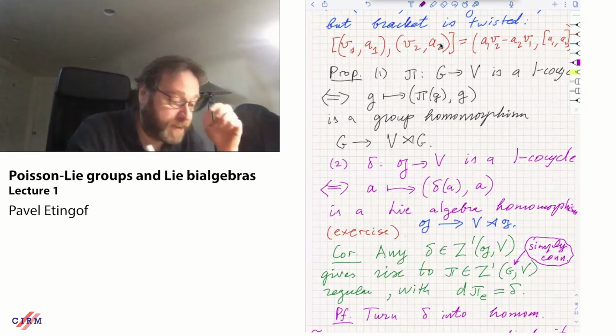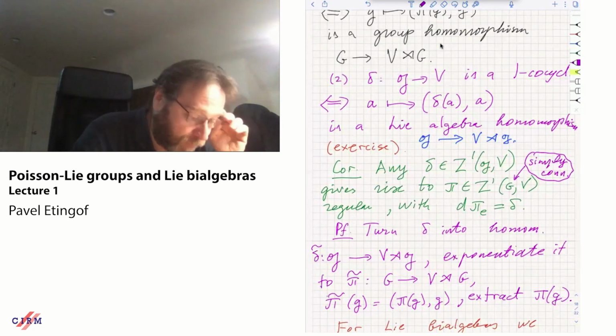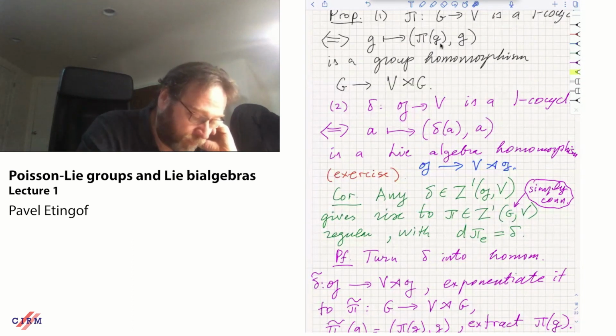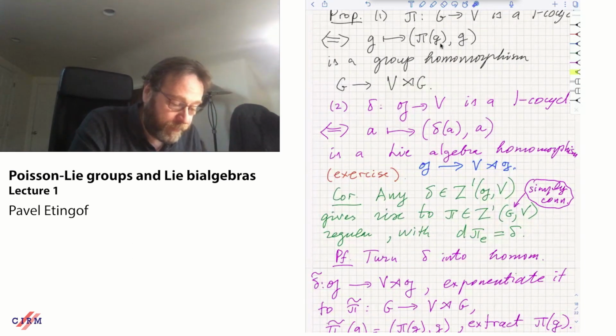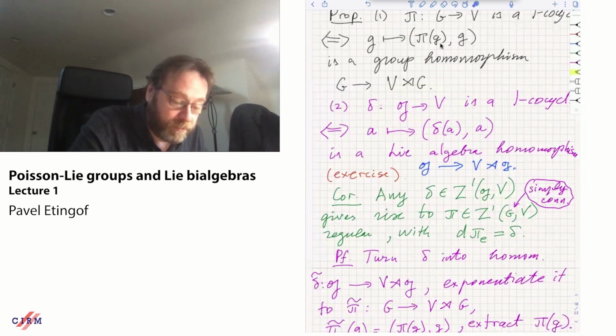And so the proof of this corollary, with which I will end today, is the following. We just turn delta into a homomorphism, delta tilde, from g to V semi-direct g. And then we exponentiate this homomorphism to a homomorphism from group G to G semi-direct V. And for this, we use the second fundamental theorem of Lie theory.